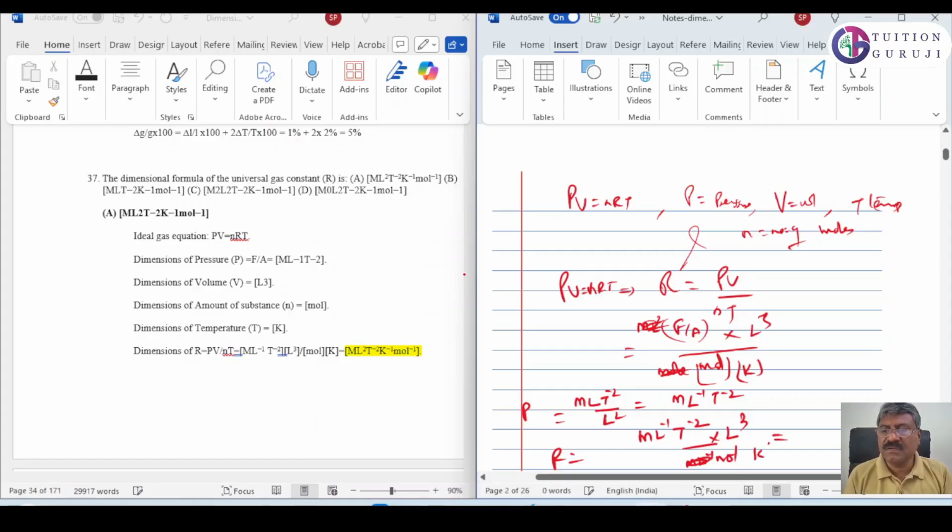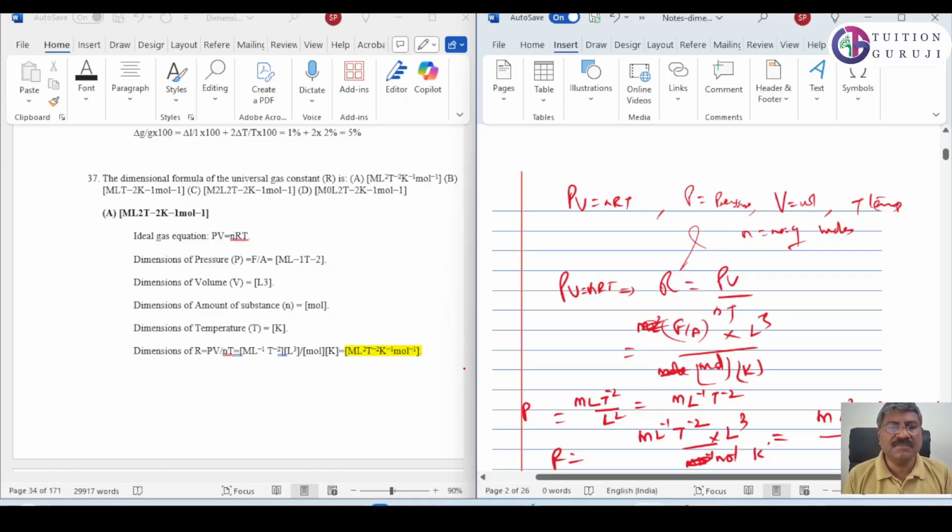So what will you get? ML squared T^-2, into mole^-1 K^-1. ML squared T^-2 K^-1 mole^-1. So this is the answer.